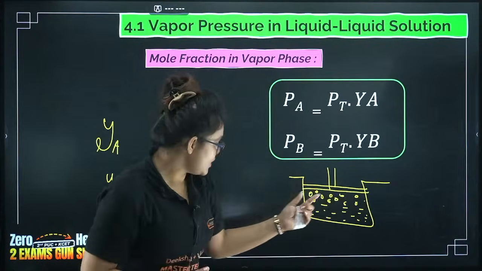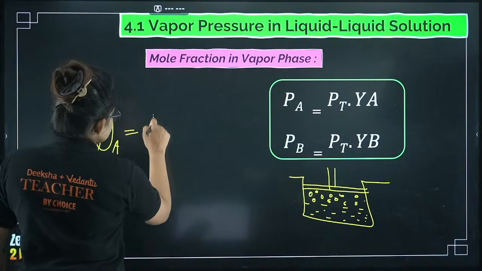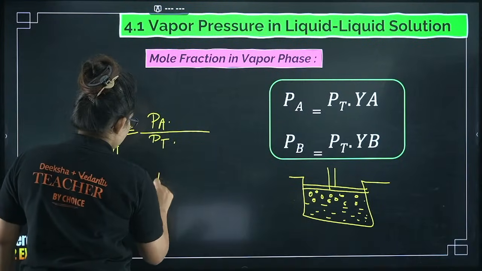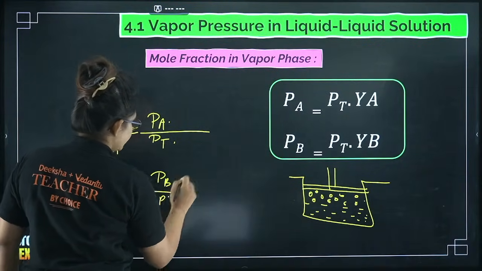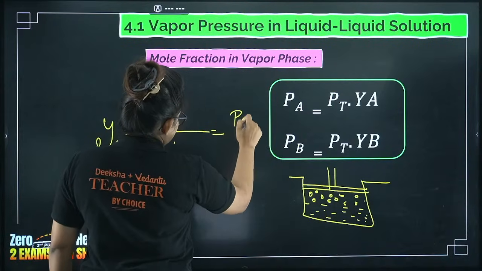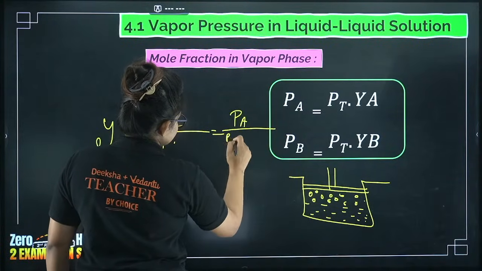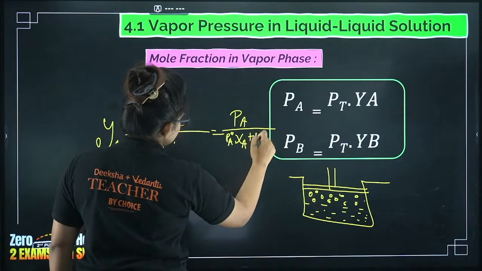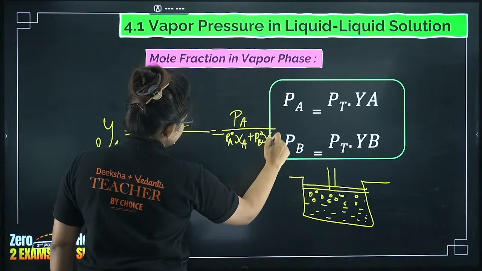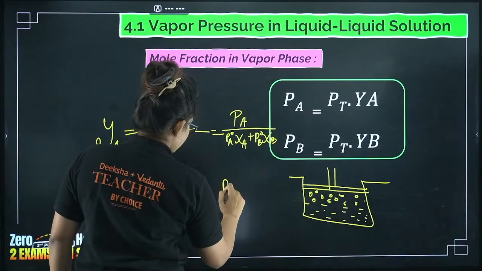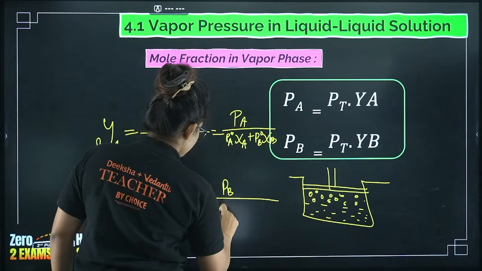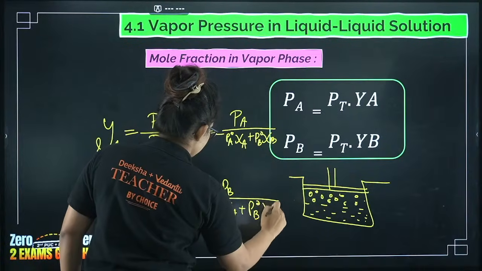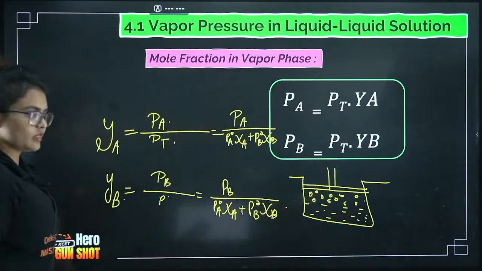You have to find it in this way: pressure of A divided by total pressure, and here also pressure of B divided by total pressure. Total pressure means PA0 XA plus PB0 XB. So YA is PA divided by PA0 XA plus PB0 XB, and for this case also you can write PB divided by PA0 XA plus PB0 XB.